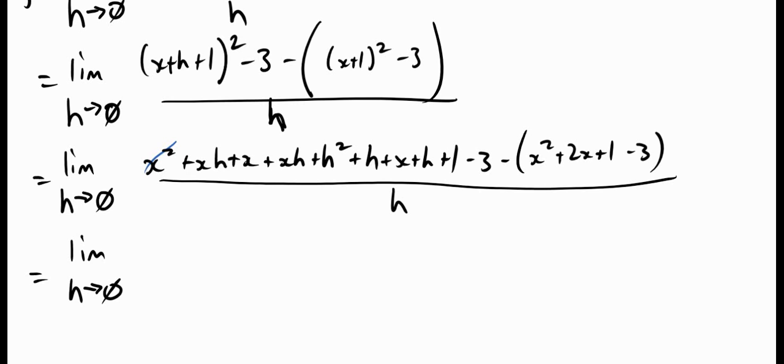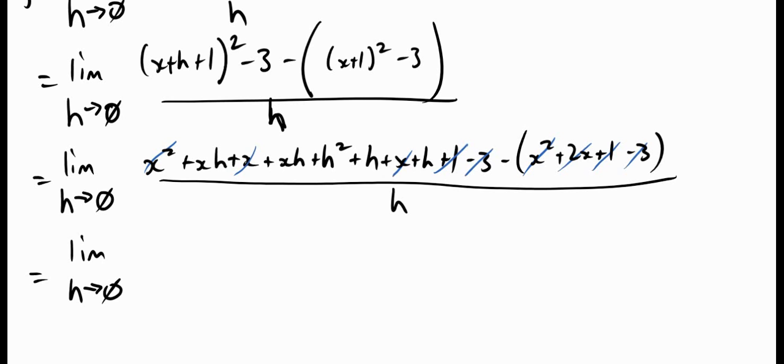I've got an x squared term here and an x squared term here. You kind of know after you do a bunch of these that a lot of things are going to add to 0. I've got 1 minus 1 and negative 3 minus negative 3. I have x plus h and x plus h, so 2 of those. I've got x here, and minus 2x here. What else do I have left?